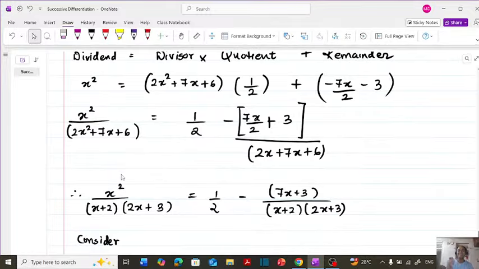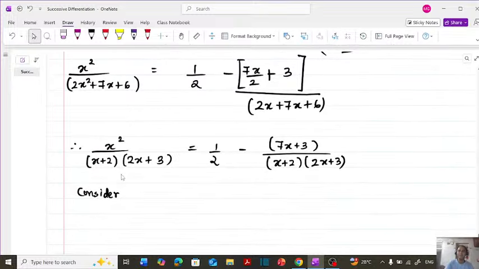So when you have this dividend is equals to divisor times quotient plus remainder, you do this way and you substitute. Further, you have your format of the quadratic that can be broken up into the factors, and you write the factors and then find the partial fraction.